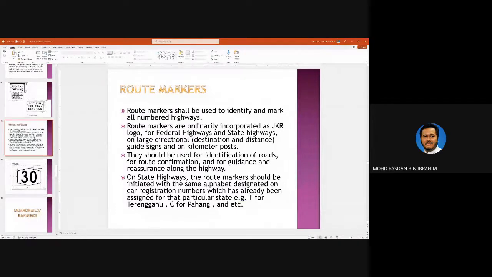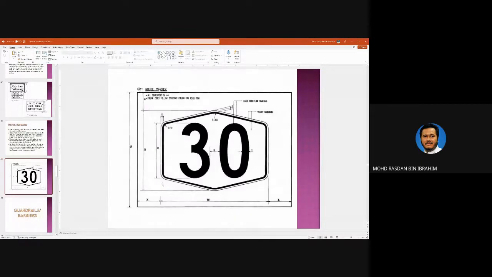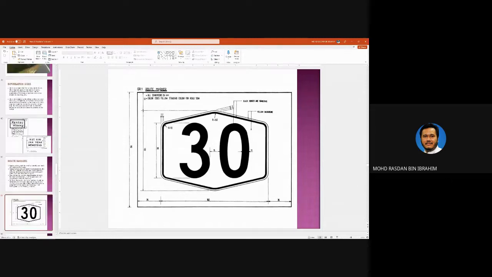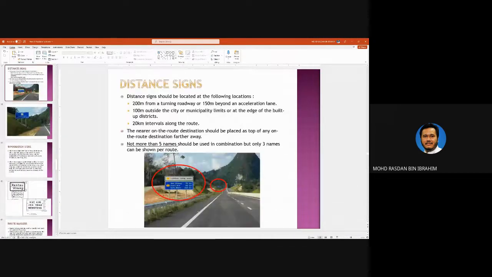On state highways, the route marker should begin with the same alphabet designated on the car registration plate that has been assigned for that particular state. So this dimension fits into all signboards. It can be standalone, or it can be incorporated into the signboards over here.